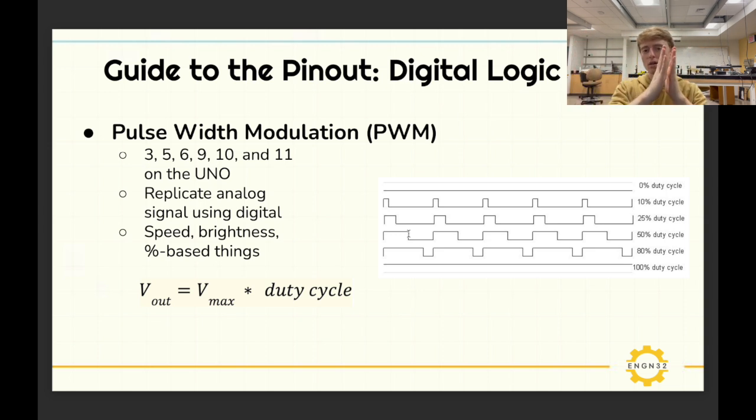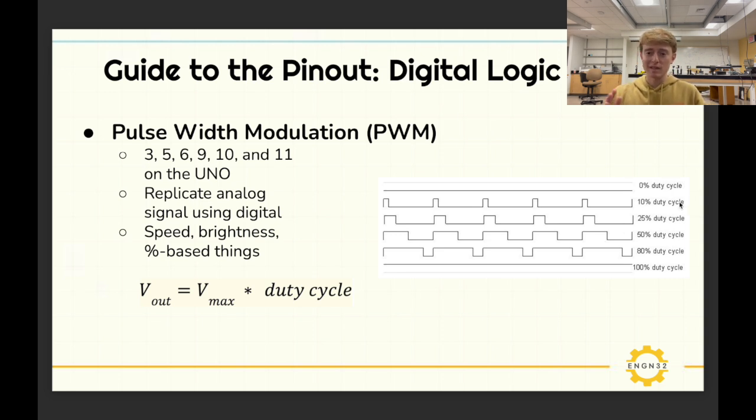And depending on the duty cycle, so how long it's off, how long it's on, I can get different voltage levels, okay? So for example, at a 50% duty cycle, so what does that mean? In one period, one waveform period, it's on for 50% of the time and off for 50% of the time. So if my high voltage is 5 volts, then that means that I would average this out to be around 2.5 volts. So I'm getting around 2.5 volts out using pulse width modulation.